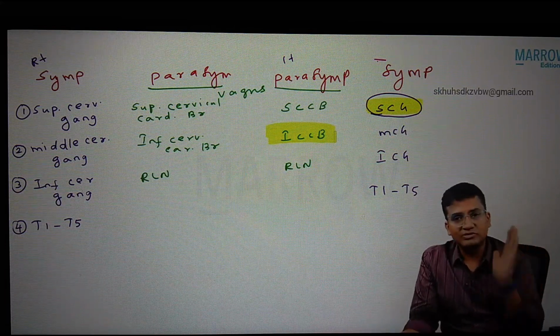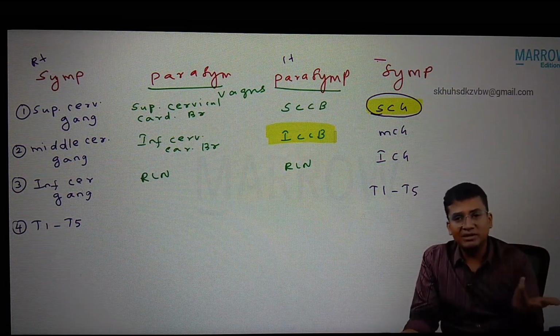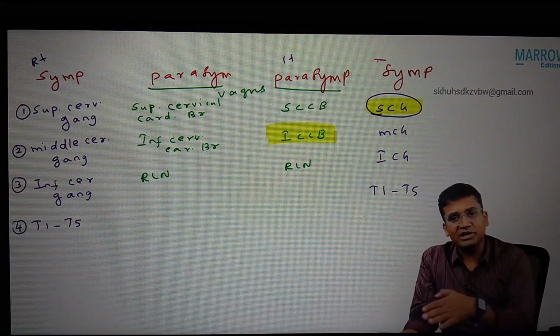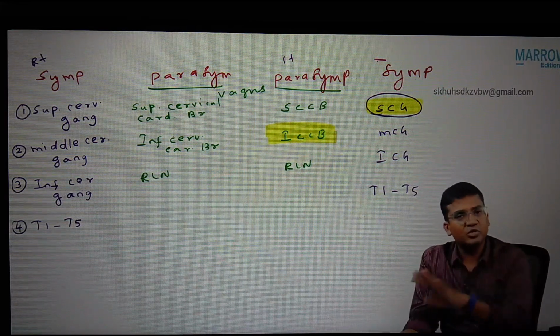So please remember the superficial cardiac plexus. No need to memorize the structures contributing to the deep cardiac plexus; 2 minus 1 equals 1 only.